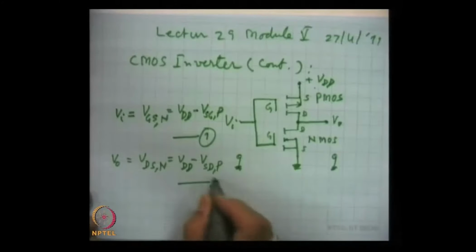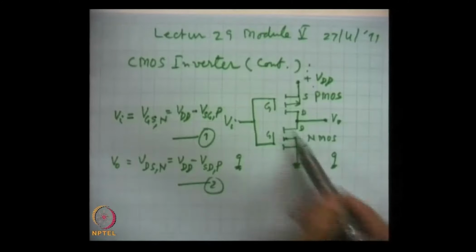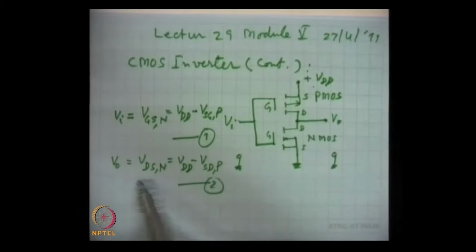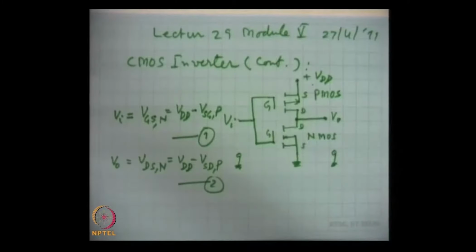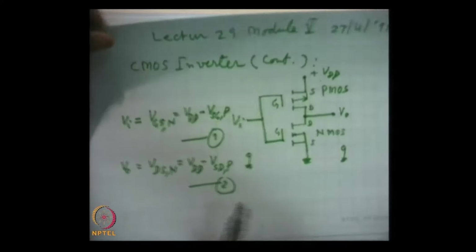This we call equation 2. These two equations we obtained the other day, and they are simple expressions: Vout is this voltage, which is equal to this minus this. We will be using these two equations later also.